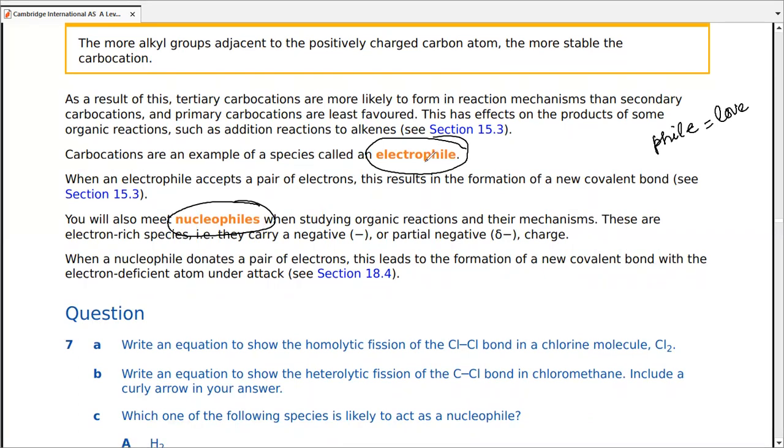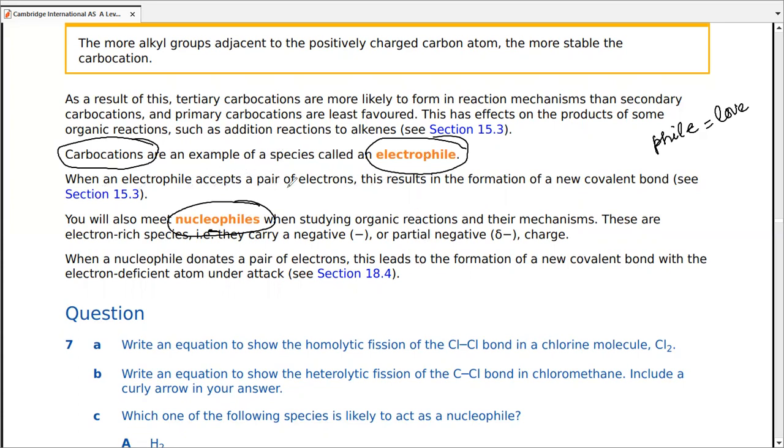So an electrophile is something that would love an electron, because carbocations are electron deficient. They would definitely love electrons because then they would become stable or complete. Nucleophiles, however, are usually the ones which would love a nucleus, which would love positive charge. Why? Because they might have negative charge dominant in them and they would like to get balanced.